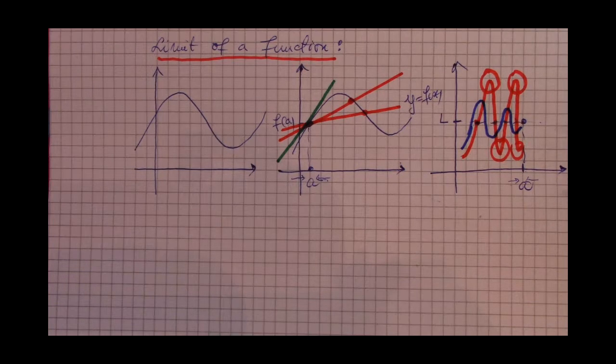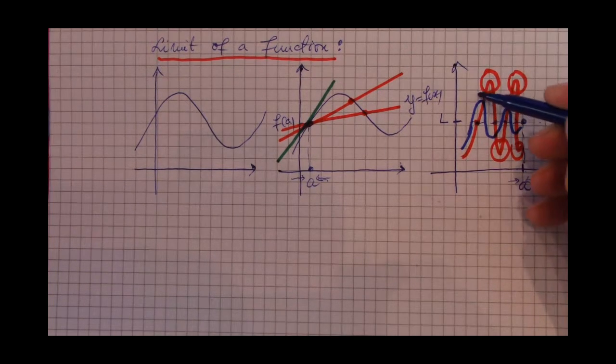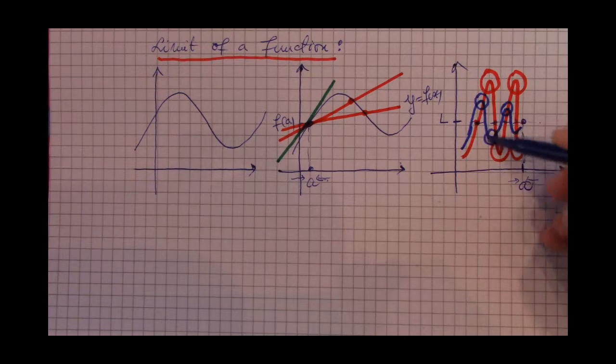Not all functions are as simple as a linear function or a quadratic function. We can see these oscillations, but what I see different from the red graph is that even these extreme points, as we approach A on the x-axis, even they approach our point L.